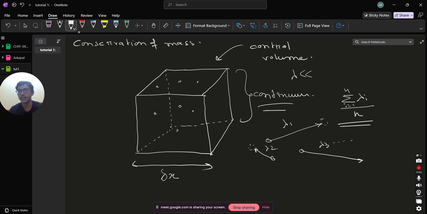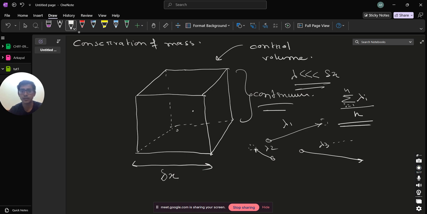What the continuum hypothesis tells us is that if this lambda, the mean free path, is very, very small compared to delta x, then we can assume that this whole thing is a continuous thing. We do not need to bother about the particles inside the domain. We can assume this material to be a continuous material.